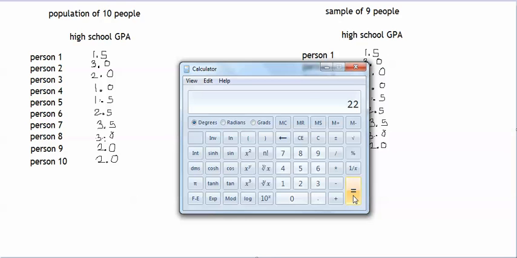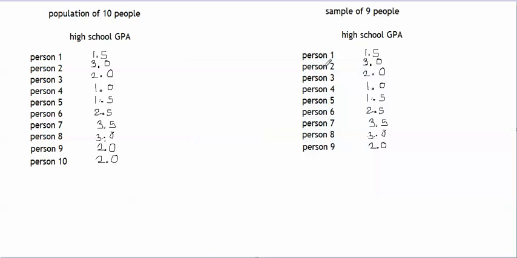I actually wanted it to come out to a total of 20 so that we could get an even number for the mean. So maybe I'll change one of these numbers. I'll make this a 1.5.